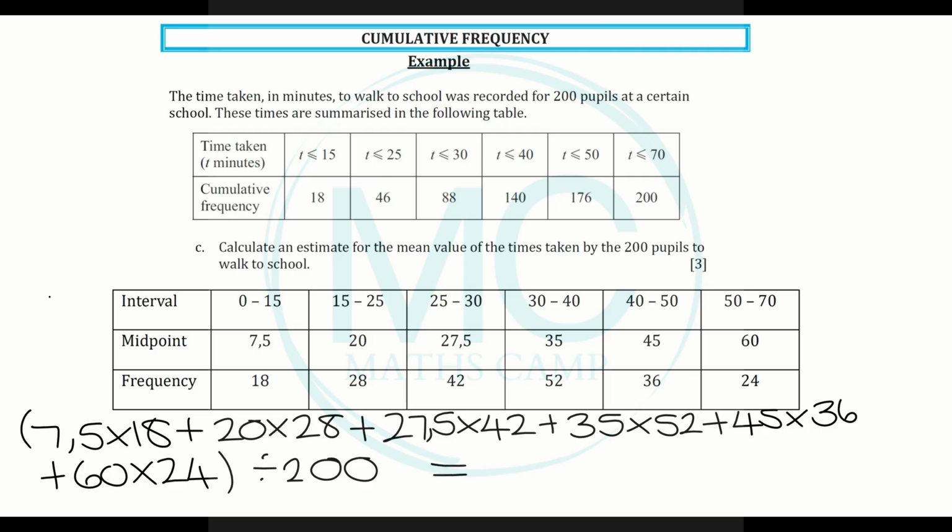This is my estimated mean, 33,65, and this is my final answer.